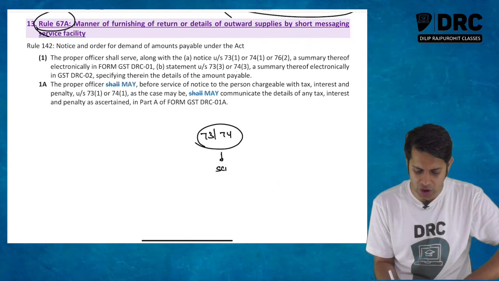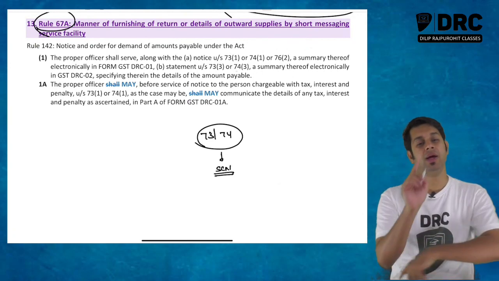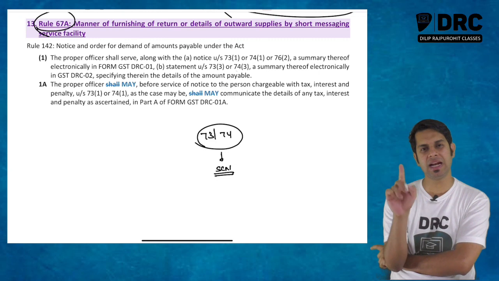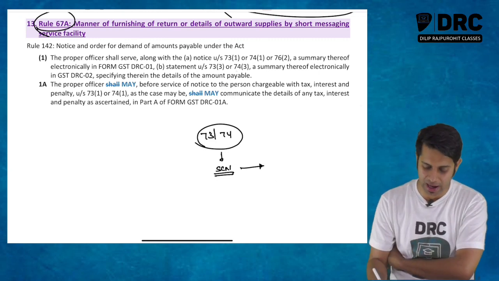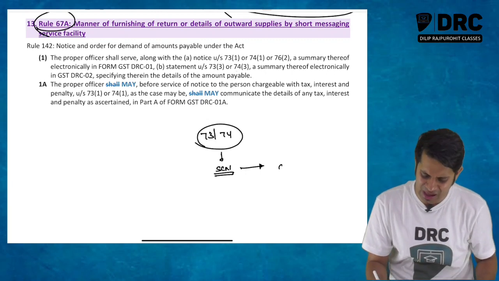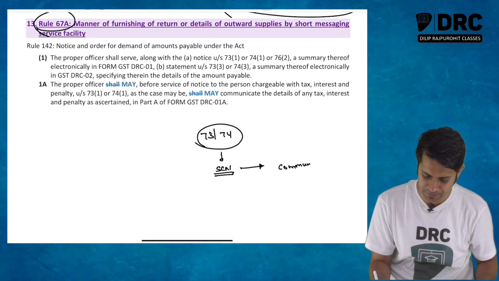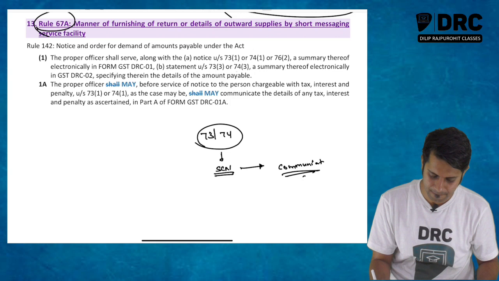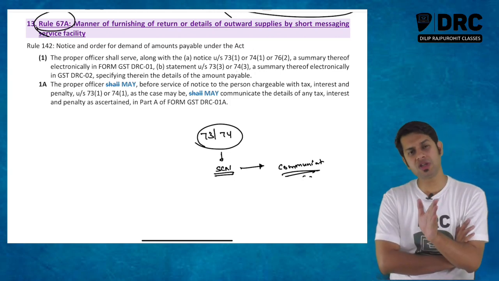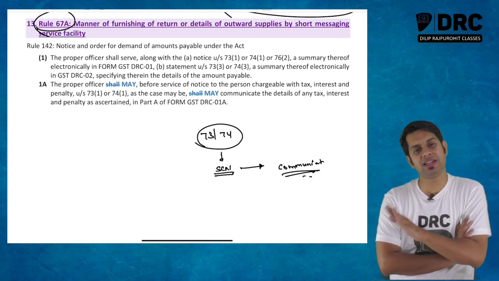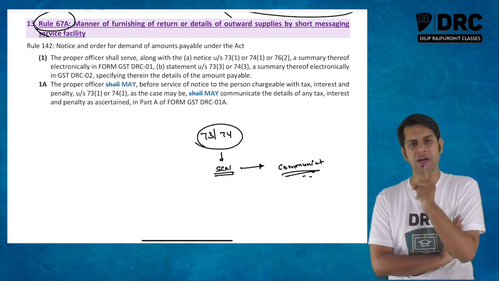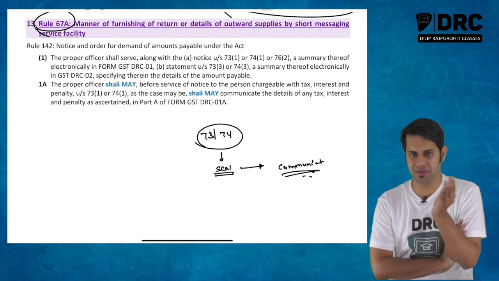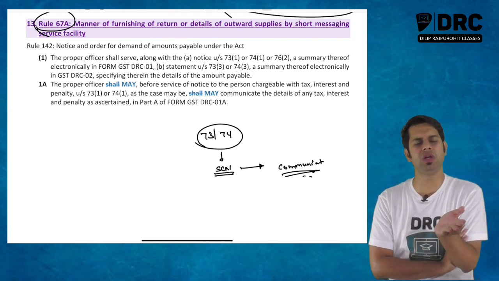before a show cause notice is sent by the officer, that officer was supposed to send me something called a communication. Before sending the notice to me under 73 and 74, he is required to give a communication letter that, hey Mr. Dilip, you have done some fraud, under section 74 I am going to give a notice.